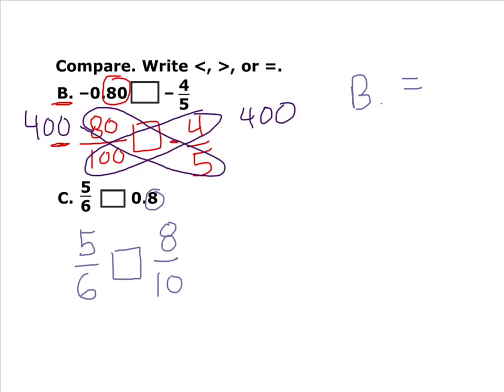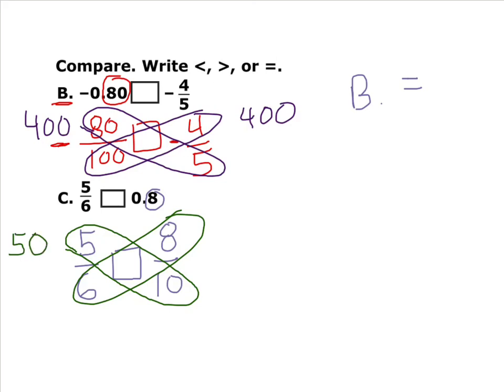Now we could do our butterfly method again, which I like the best because it seems to be the easiest. 5 times 10 is 50. 6 times 8, that's 48. Well, what number is larger? 50 is obviously larger, so letter C is going to be greater than. Your alligator is going to eat the 50 because it's larger.